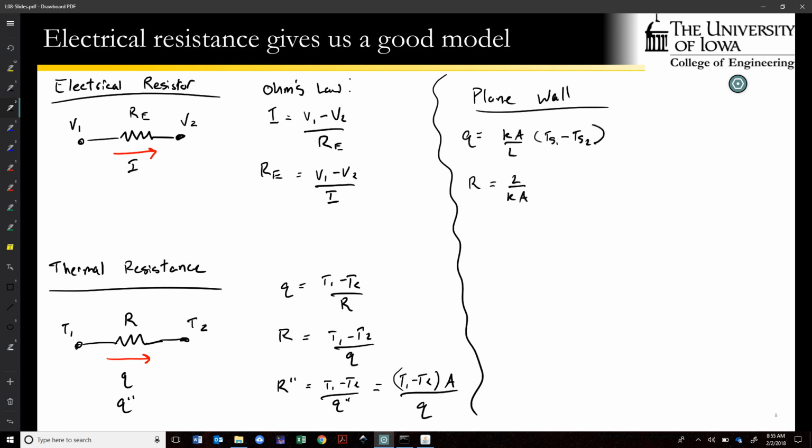If you were to make that wall thicker, if you were to increase L, then your thermal resistance is going to go up, which means you get less heat through it.